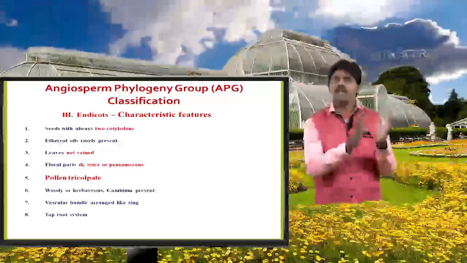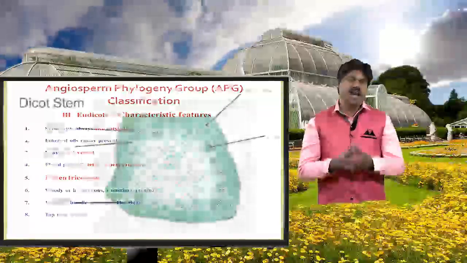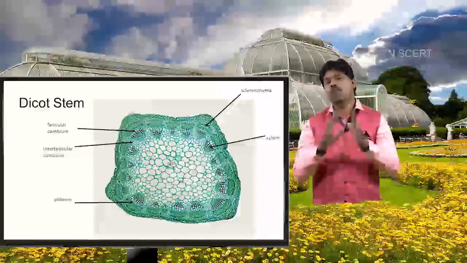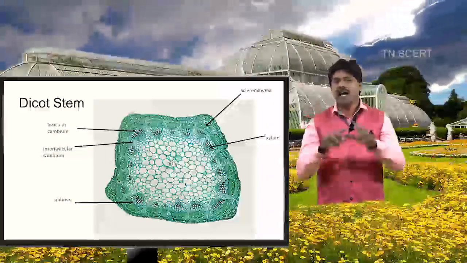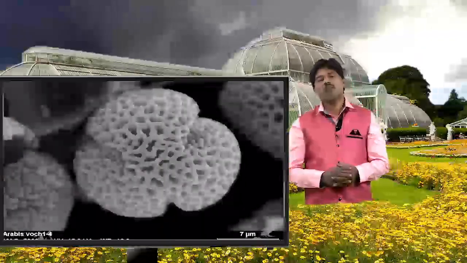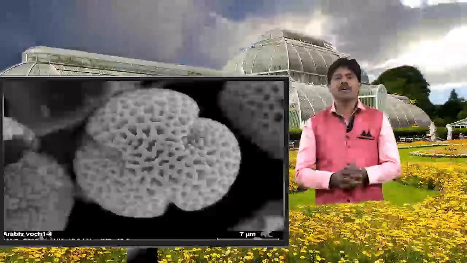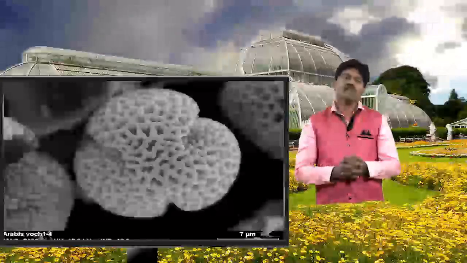Here it may be woody or herbaceous because cambium is present, and the vascular bundle is open type and arranged in the form of a ring. The pollen grain is tricolpate. The tricolpate pollen grain is a characteristic feature of eudicots.